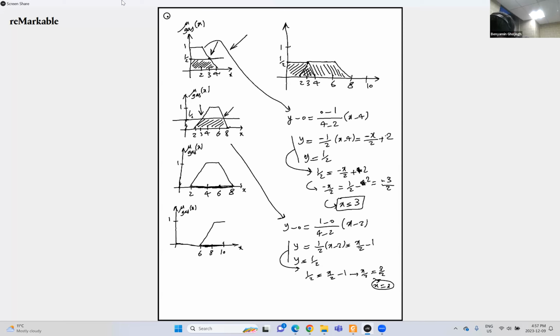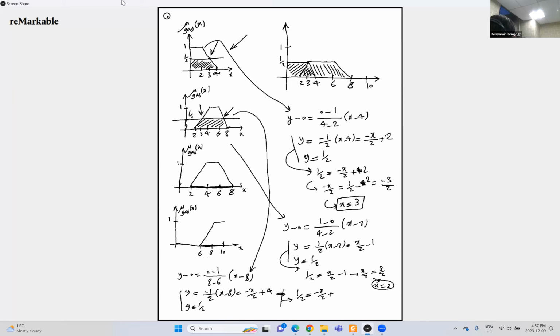And what about this one? Just give me a second. The equation of the line: y minus 0 equals x minus 8. And y equals half, their intersection becomes, just give me a second.